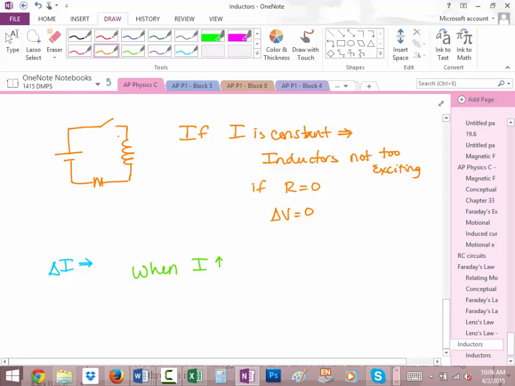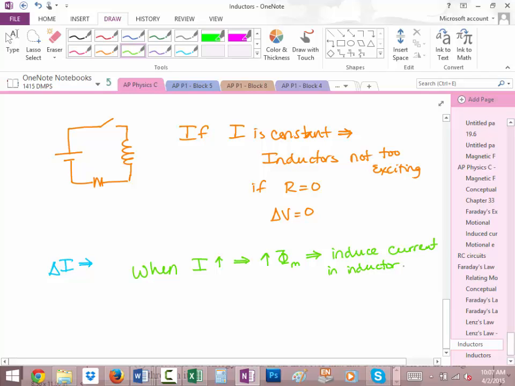If you are increasing the current, we know that's going to increase the magnetic flux, and it's going to induce a current in the inductor. In what direction?